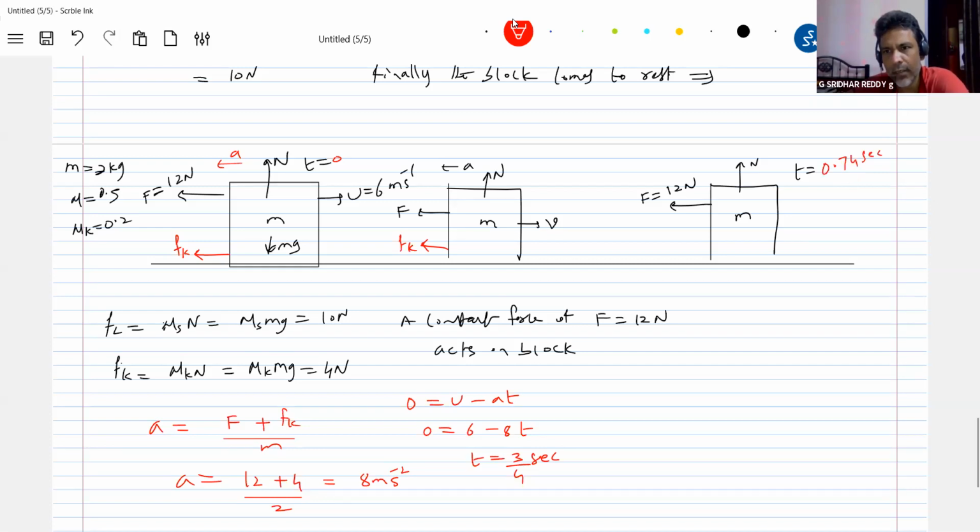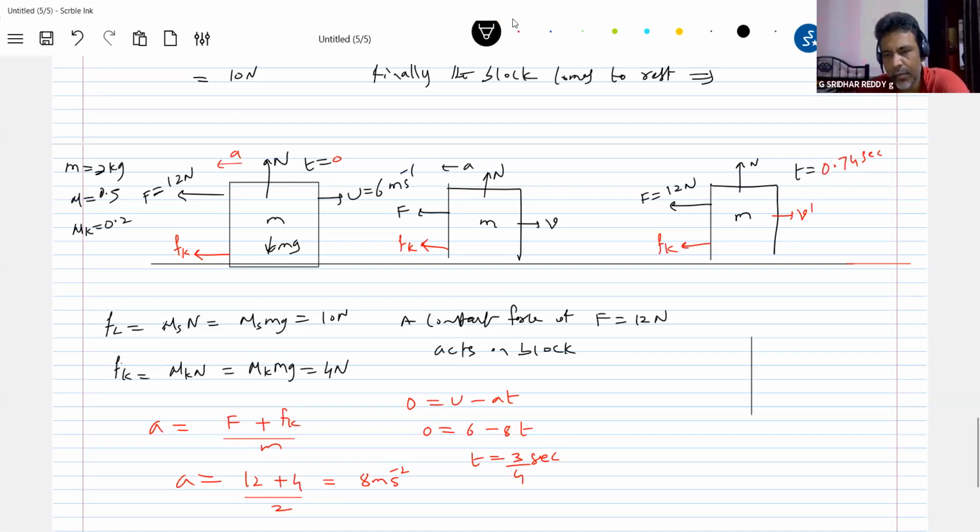0.74 seconds. How will the friction be acting? It will be like this only. Clear this one? And it will have some velocity, v dash. And next again, at t equal to more than 0.75, I'll write it.